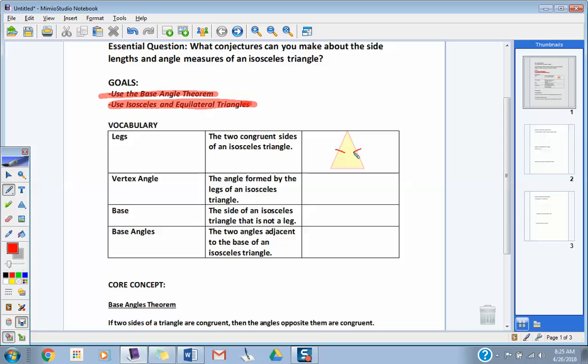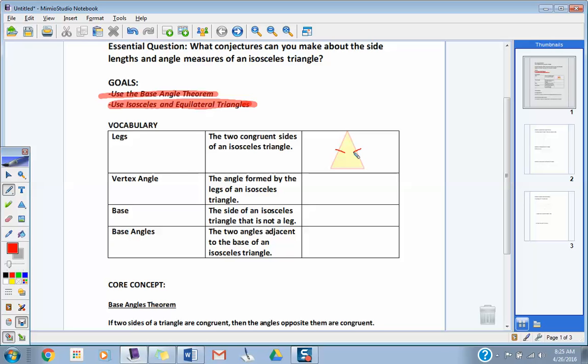Guys, you're going to hear the term vertex angle brought up a lot in an isosceles triangle. And the vertex angle is going to be that angle that's formed by the legs of the triangle. So the legs are the two congruent sides. So if I redrew this triangle, where would the vertex of this angle lie? Okay.